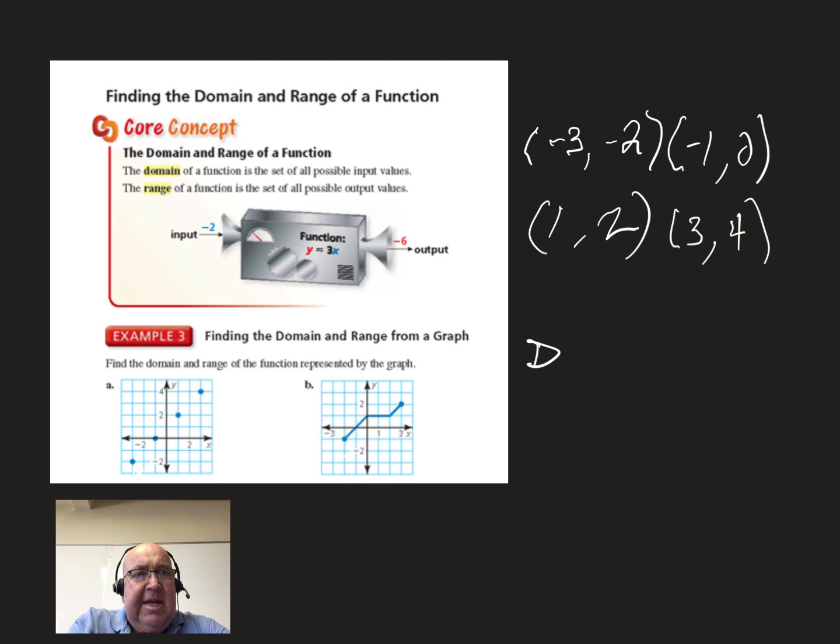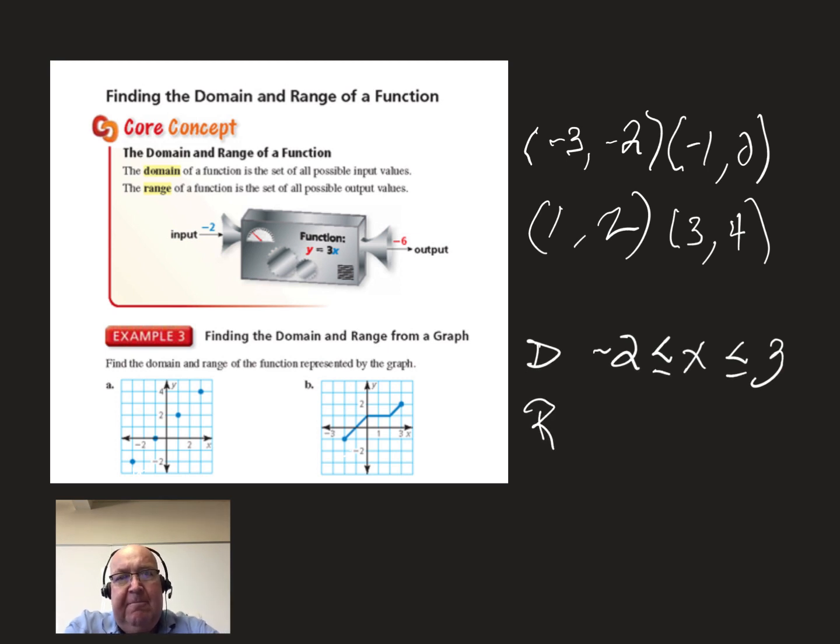So we're going to start at negative 2 is less than or equal to, because of the closed circle, x, because the domain is the x values, and that x is going to be less than or equal to 3. Then we're going to put our range, which is the y values. So we can see that the lowest y value is negative 1 and the highest y value is 2. So we can write negative 1 is less than or equal to y is less than or equal to positive 2.